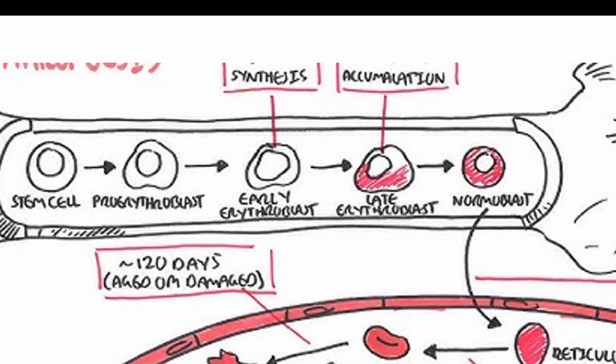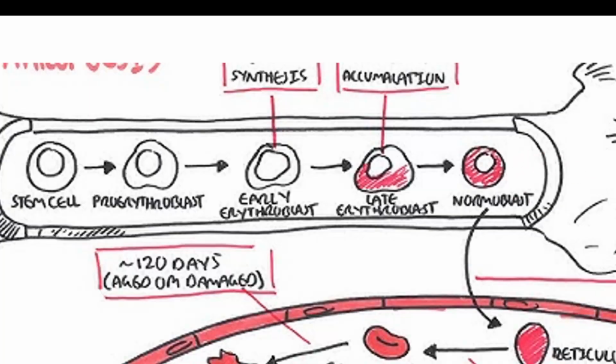Now, this is a schematic showing the synthesis, or the birth, of RBCs inside the bone marrow of a healthy individual. In the bone marrow, we have stem cells which then convert into proerythroblast, then go through stages like early erythroblast, late erythroblast, and normoblast, which then escapes the bone marrow.